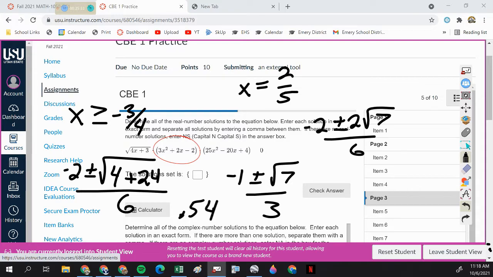Is that an acceptable answer? Yes. Okay, let's try the other one. Negative 1 minus the square root of 7, and then divide that answer by 3, and I get negative 1.21. Is that an acceptable answer? No. This does not fit in there.